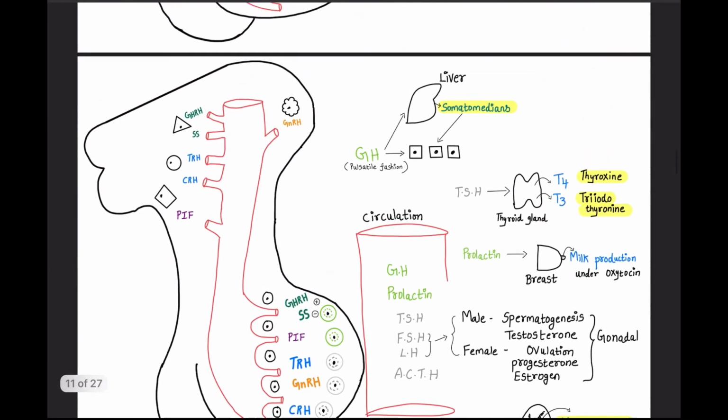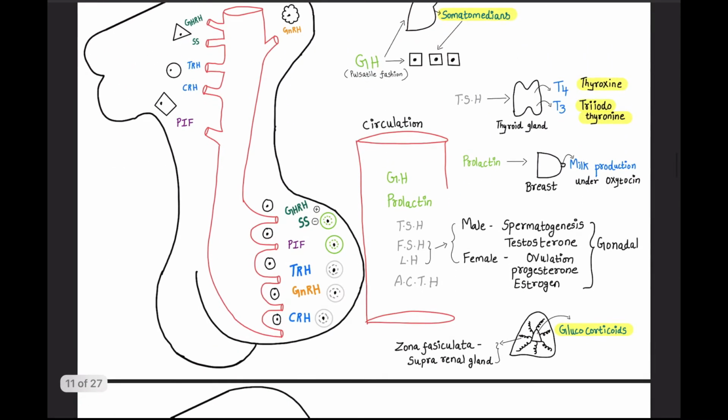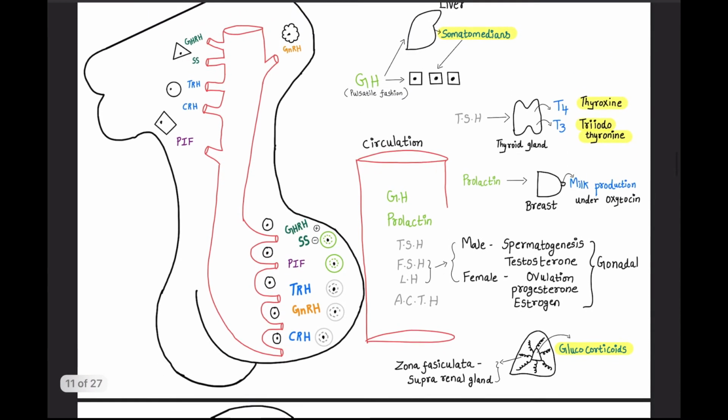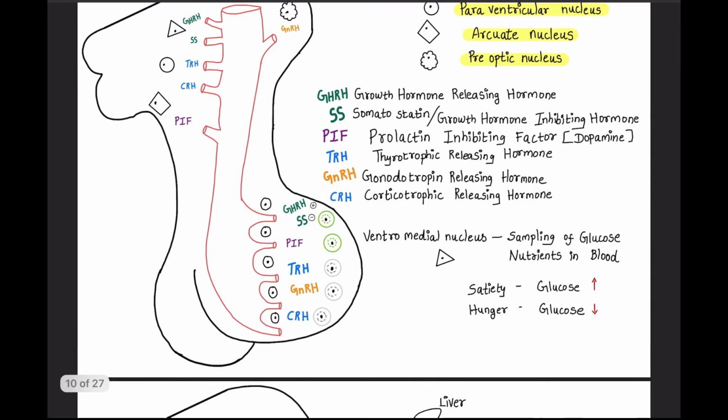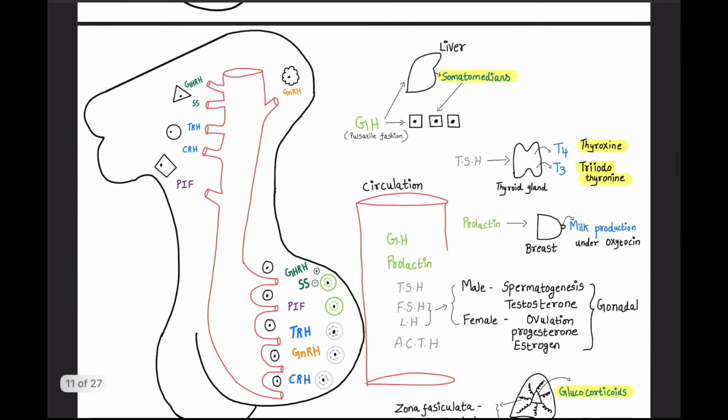Please do not confuse somatomedins with somatostatin. Somatostatin is also known as growth hormone inhibiting hormone. Somatomedins means that growth hormone can act directly on the cells and it can act indirectly through somatomedins.